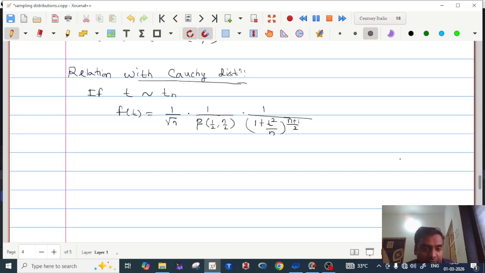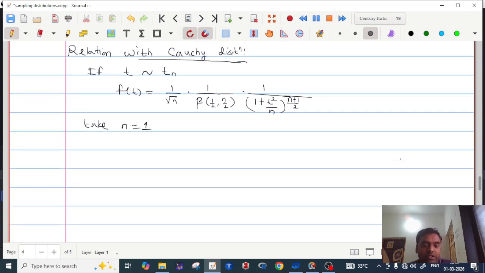So if you take n equal to 1, what do we note here? In the PDF of the t distribution with 1 degree of freedom, we get f of t. Beta 1 by 2 comma 1 by 2 will be root pi.